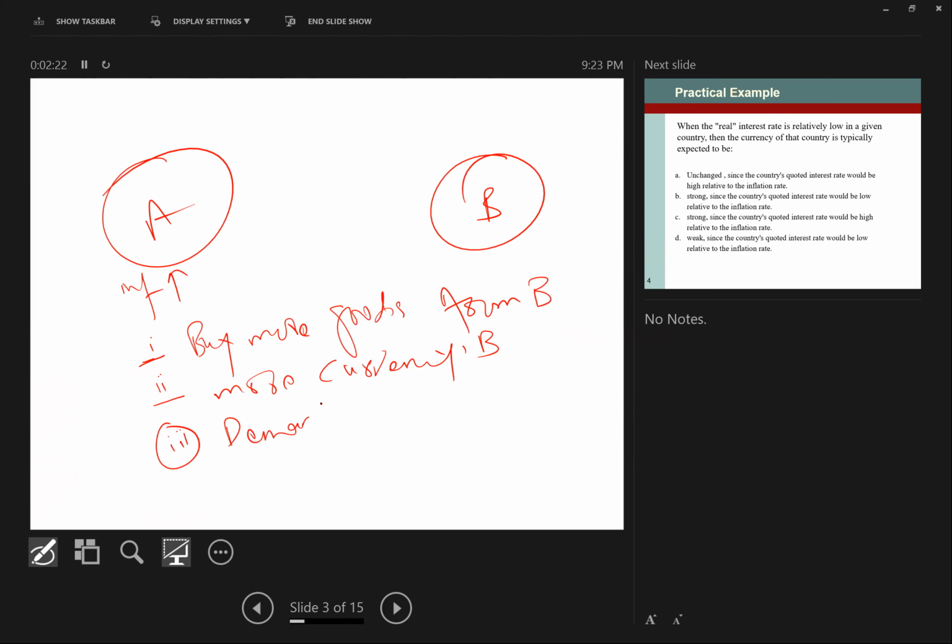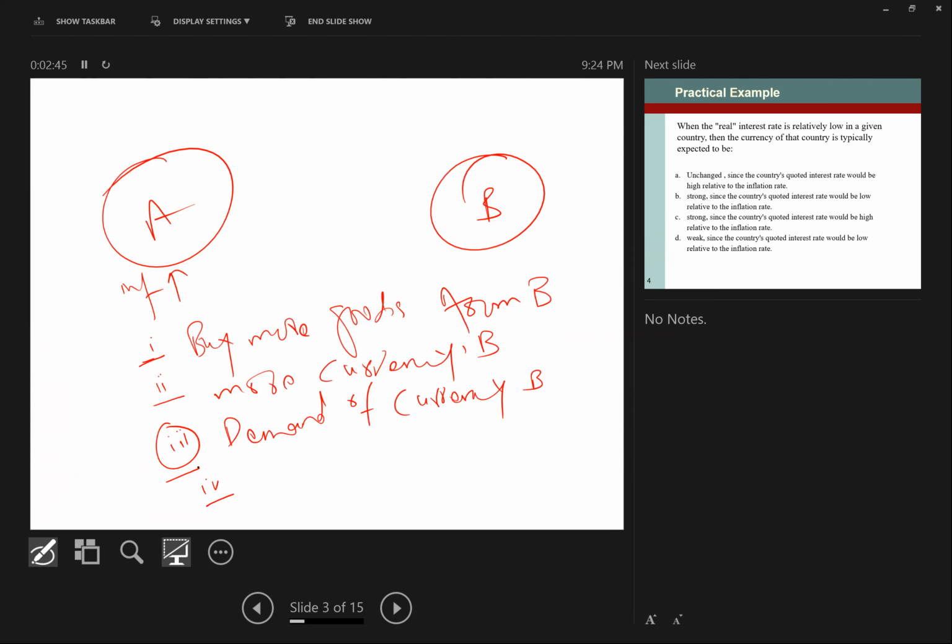And as country B's inflation remains the same, the supply of country A's currency will remain the same as well.